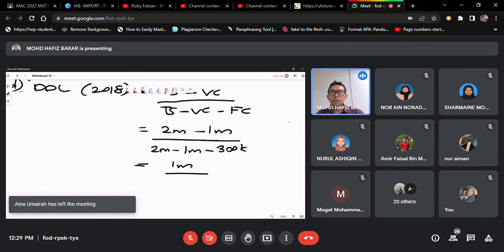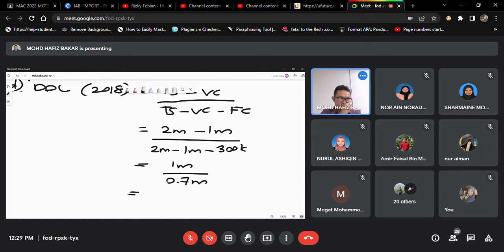So 1 million divided by 1 tolak 0.3, 0.7 million. 1 million divided by 700,000. So 1.43. 1.43 times. So this is DOL, degree of operating leverage.